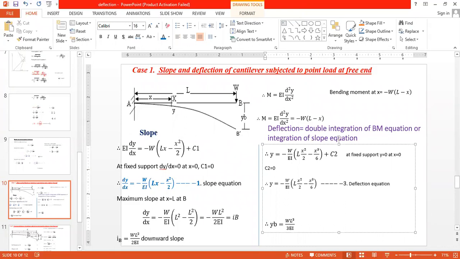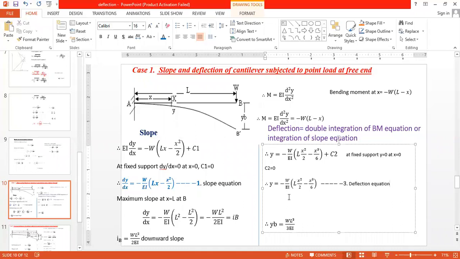Now this is the deflection equation. This y varies from this fixed support to this B, and that variation follows this curve. y is increasing with x, and that increase follows this path, and again here it is negative.